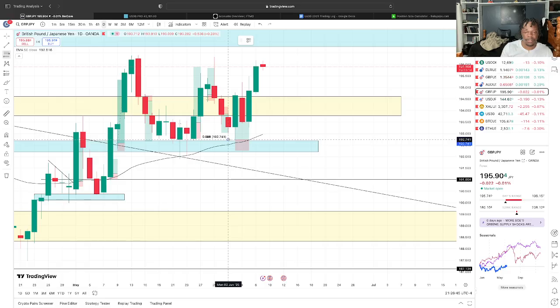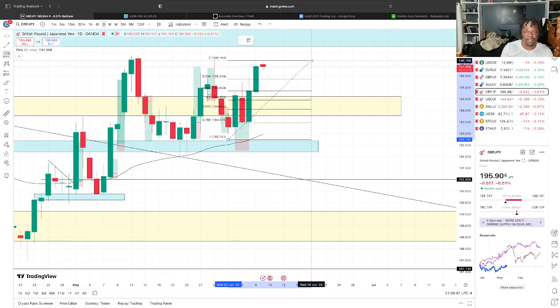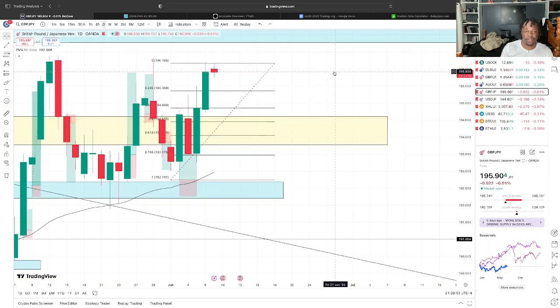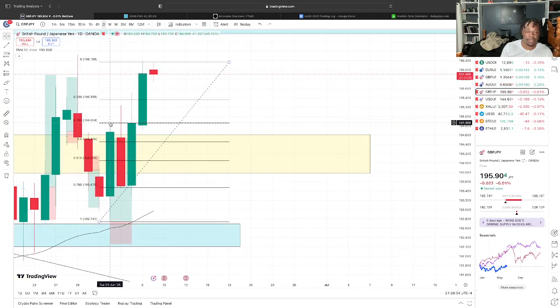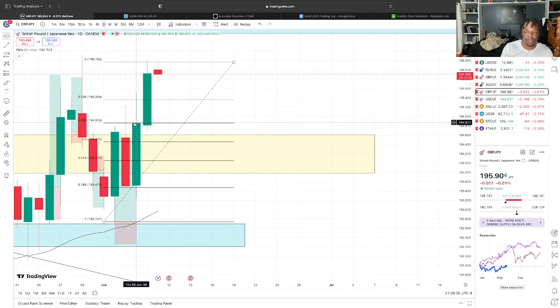As you can see, measuring that retracement here, price action could head towards 38.2% retracement and fall towards 194.87.